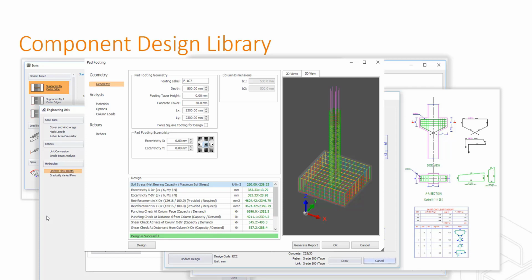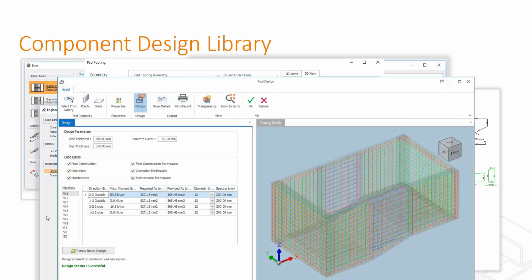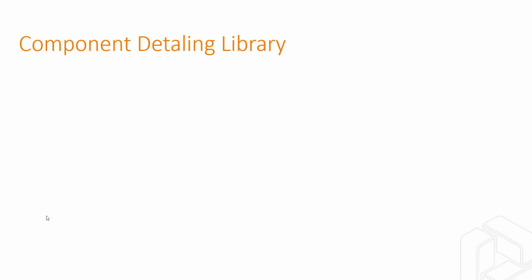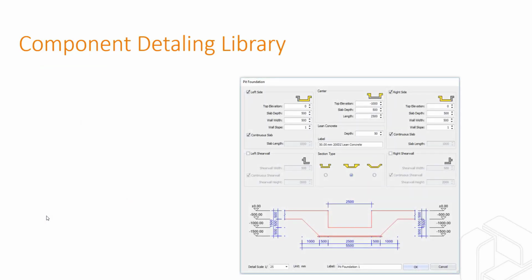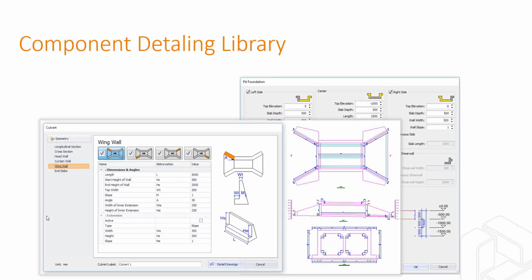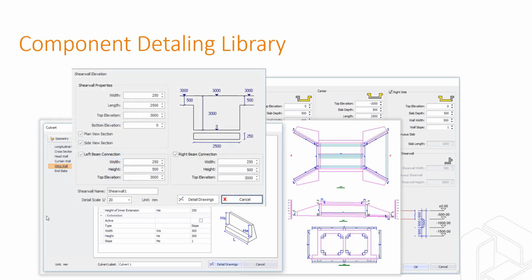It's completely rewritten, and it's a lot more comprehensive now. And of course we have the pool macro, and with component detailing we have pit foundation, culvert, and shear wall elevation design libraries.